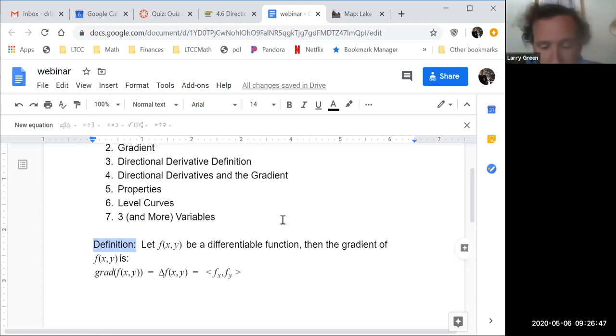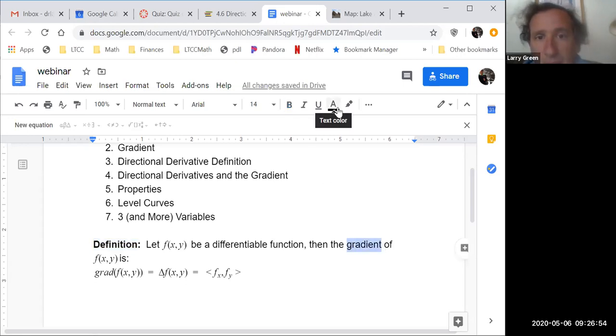Let me go make that bold because it's important. And let me make gradient red because that's what we're defining. Any questions at all on the gradient of a function of two variables? Okay. Also, I'll say this at the end, but I probably won't write down the formal full definition. What do you think would happen if it was an f of x, y, z?